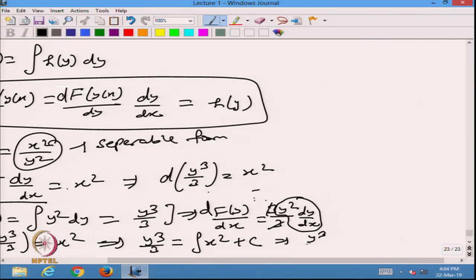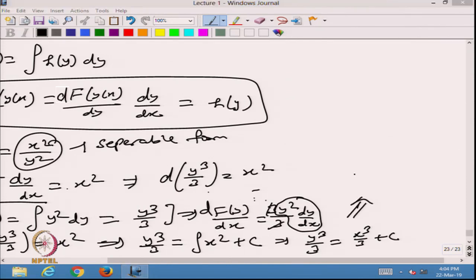So, y cube by 3 is equal to x cube by 3 plus c, and from here my solution is y cube is equal to x cube plus 3c. 3c is again one more c. So, that is my solution.